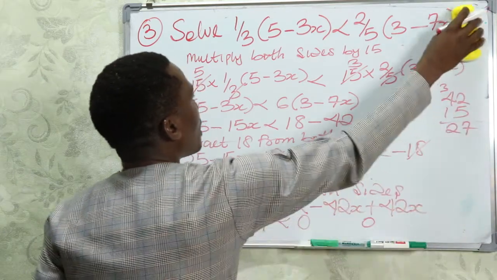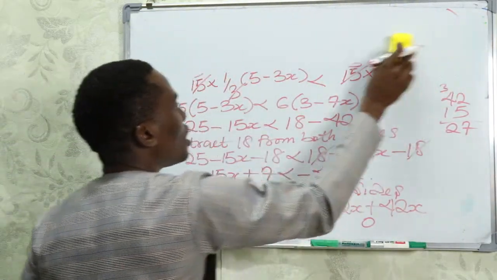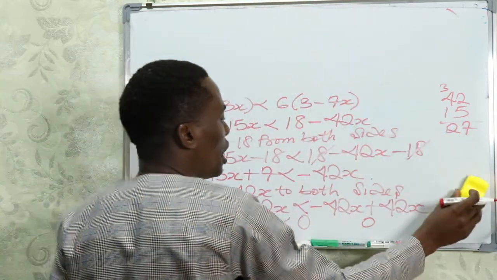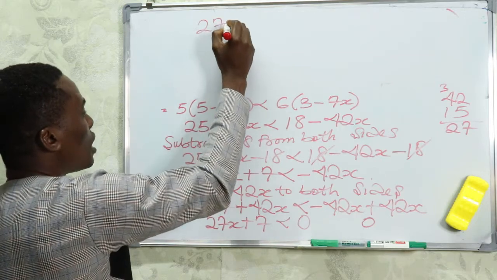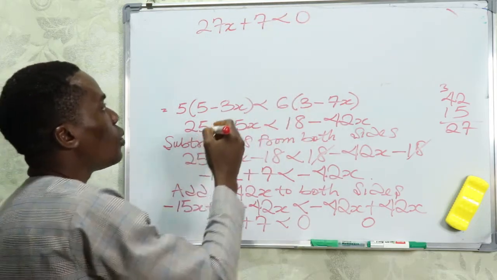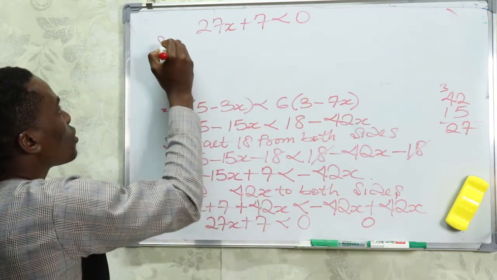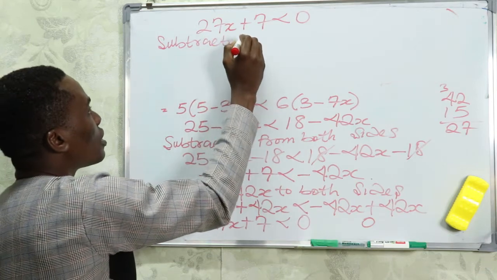Now we're going to give another instruction, and that instruction is going to take 7 away from the other side, so that we'll be left with what we need. Now we have 27x plus 7 is less than 0. So we will now have to subtract 7 from both sides.